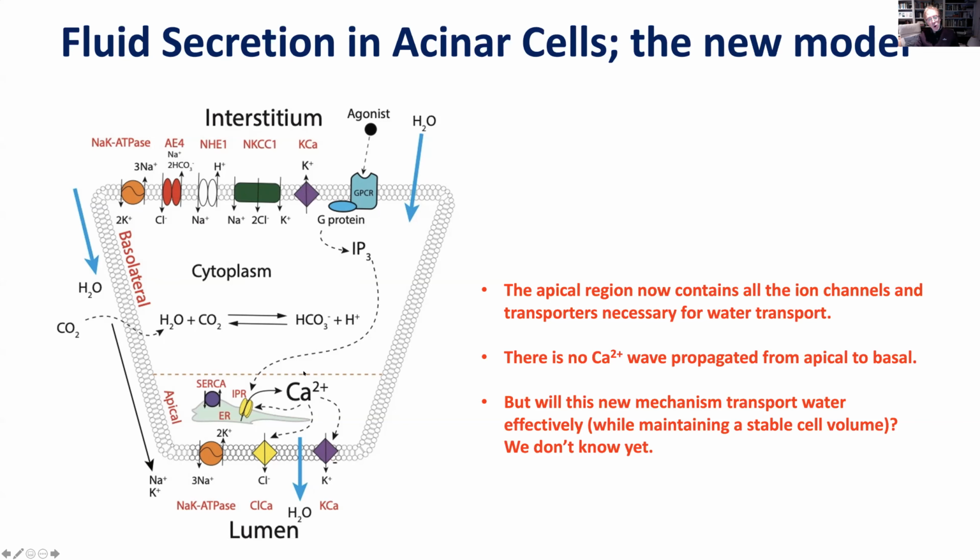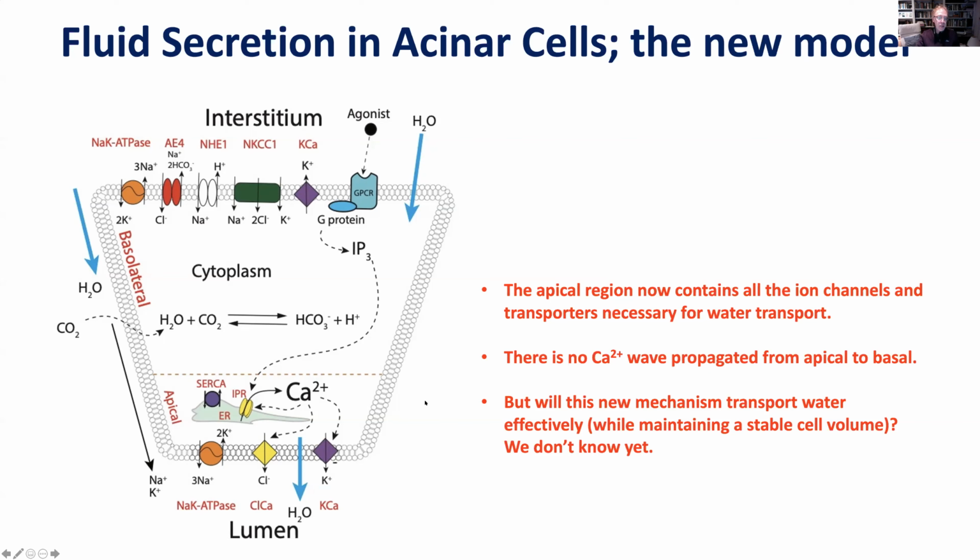But that means that all our previous data over the past 5 years, which was previously somewhat of a puzzle, we didn't understand why those things were in the apical membrane. We now believe we do understand why they are. And it is because the apical membrane of the cell seems to be the only part of the cell which sees a rise in calcium concentration. And therefore, anything to do with fluid secretion, all those channels, they have to sit in the apical membrane of the cell, or the cell doesn't work.